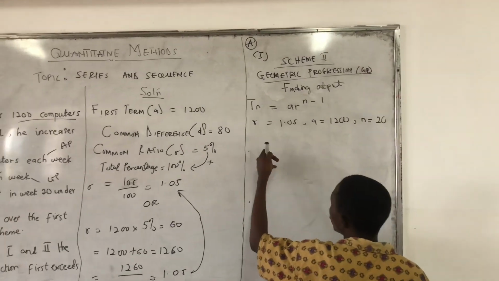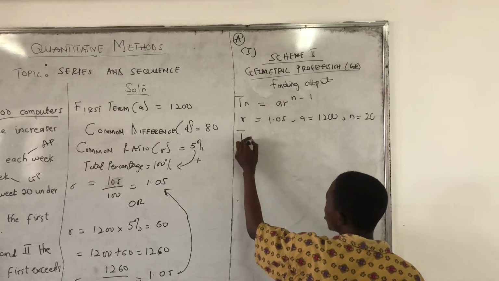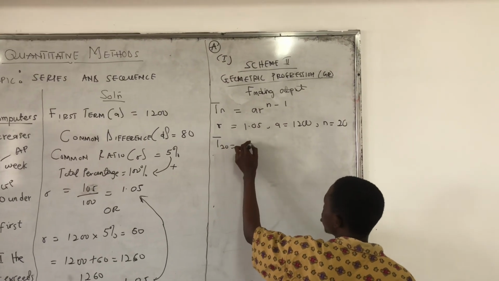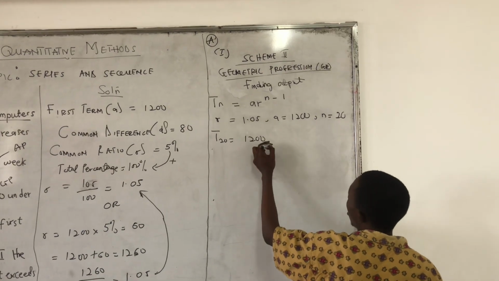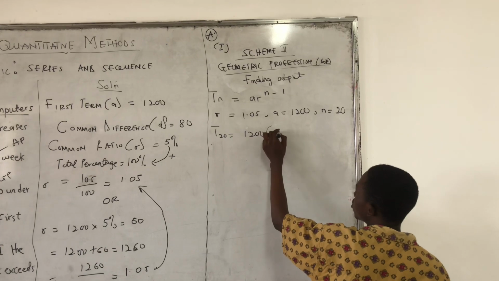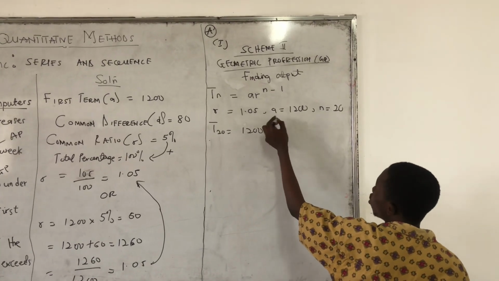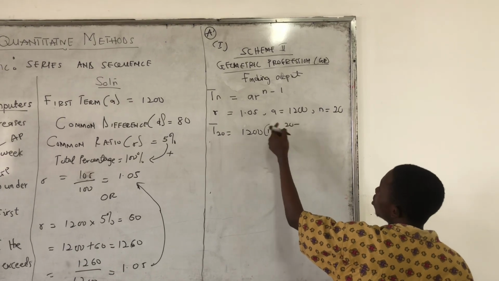So what we do next is we substitute this into the equation. So we have T20 is equal to a is 1,200, r is 1.05, to the power n minus 1, so n is 20 minus 1.